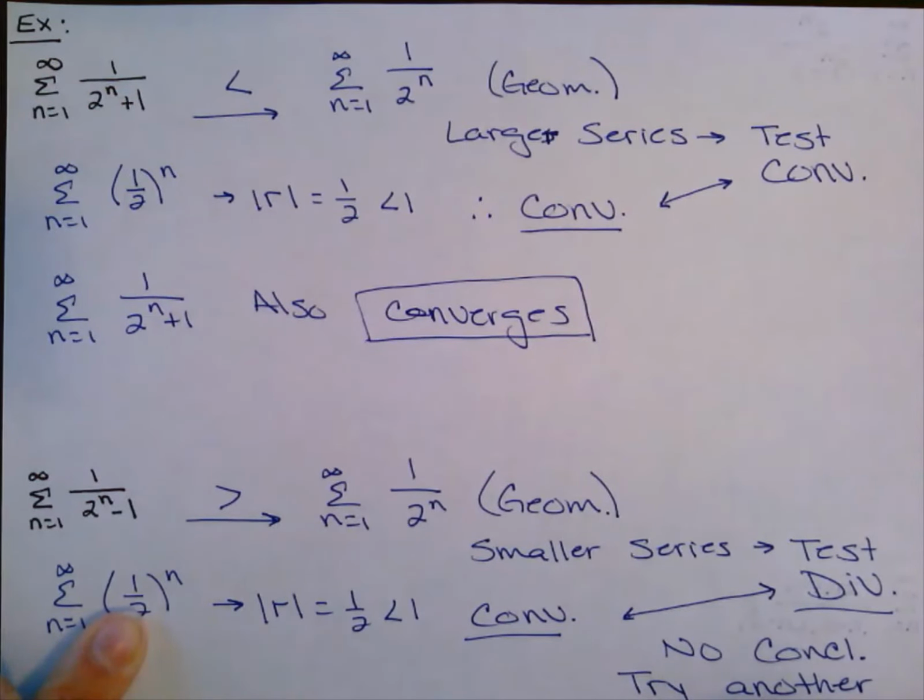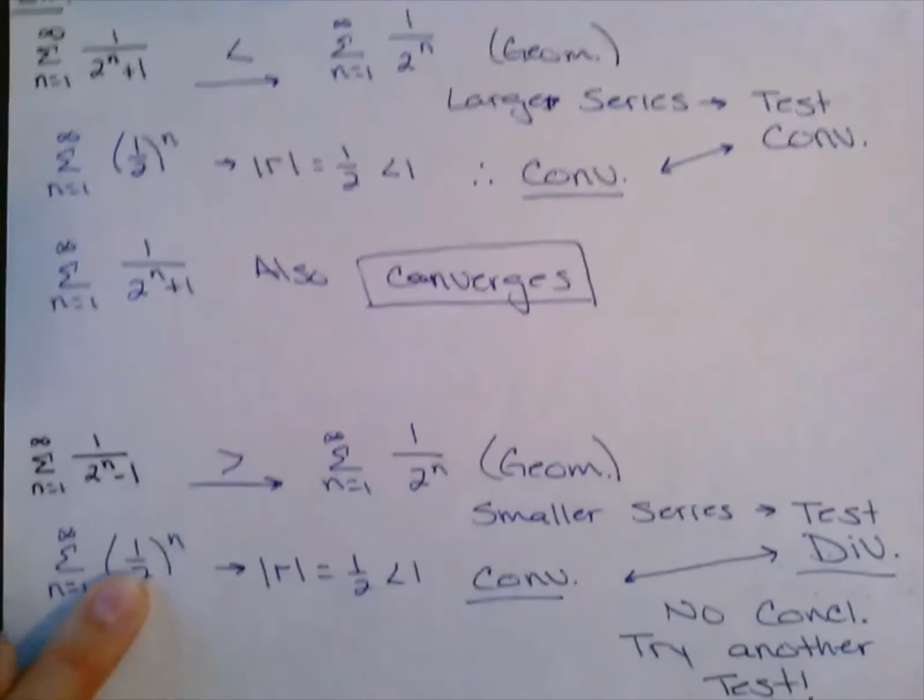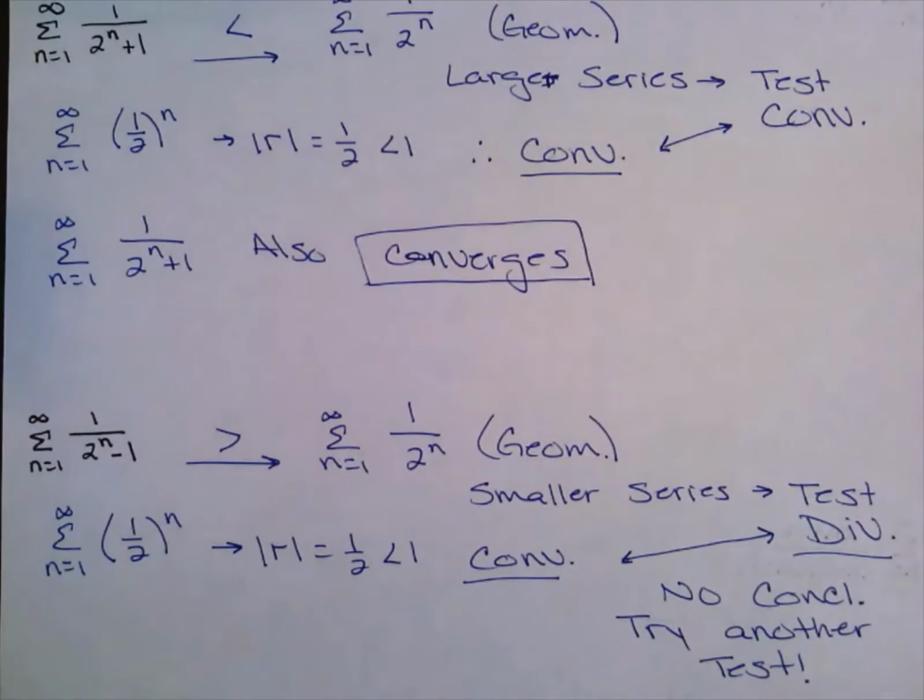Okay, so in the last one, when we were talking about direct comparison, we tried to re-simplify the equation, right? I can't simplify this anymore. So now is where limit comparison test is going to help me out.